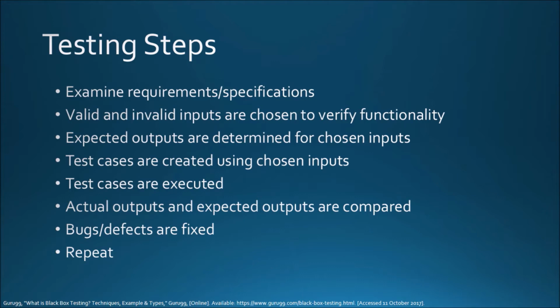Your expected outputs are then determined, and then you base your test cases on the inputs that you've chosen, execute your test cases, and then you compare the outputs that you receive versus the outputs you expected, fix any bugs or defects that you find, and then you repeat those steps until your software is perfect. Good luck on that one. Or you run out of time, you run out of budget, or you're satisfied with the way your software is working.